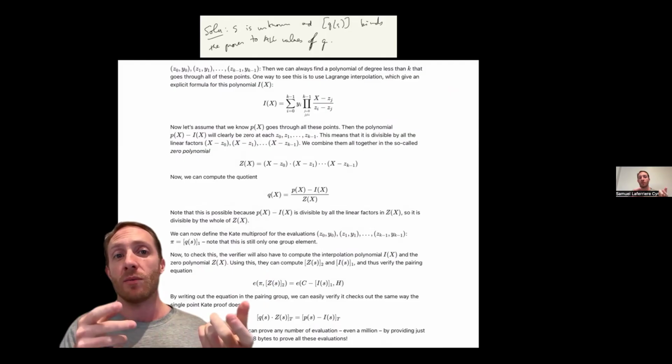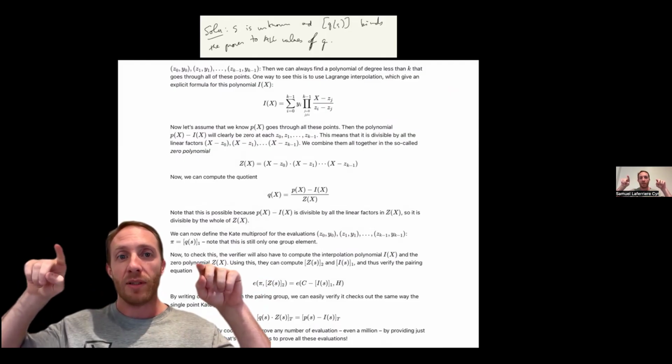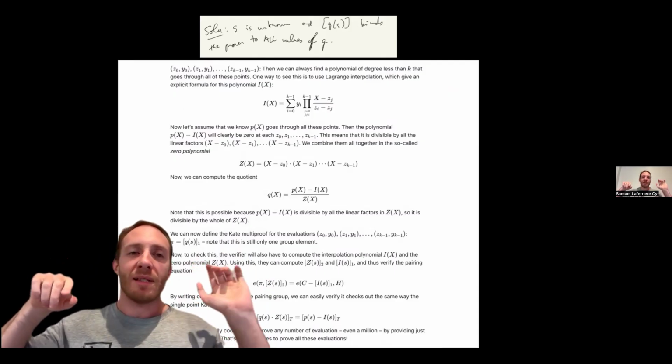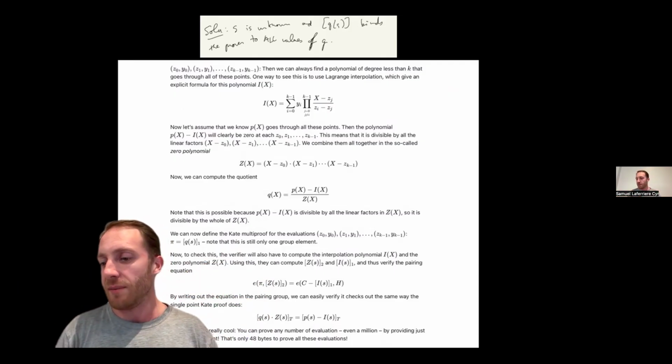What we do in this case is pretty much the same thing. I have n points that I want to open, and it's a bit harder because you can't just do it iteratively. You need to use this interpolation polynomial.